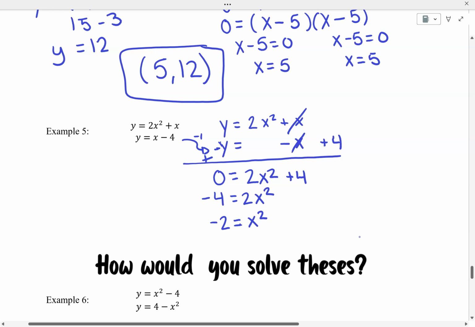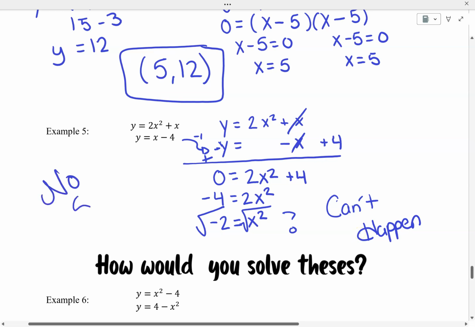And then technically we have to square root. But can we? No, okay? When we square root a negative, we get an i. It's imaginary, so we can't do this. It can't happen. So therefore, this is an example of no solution.